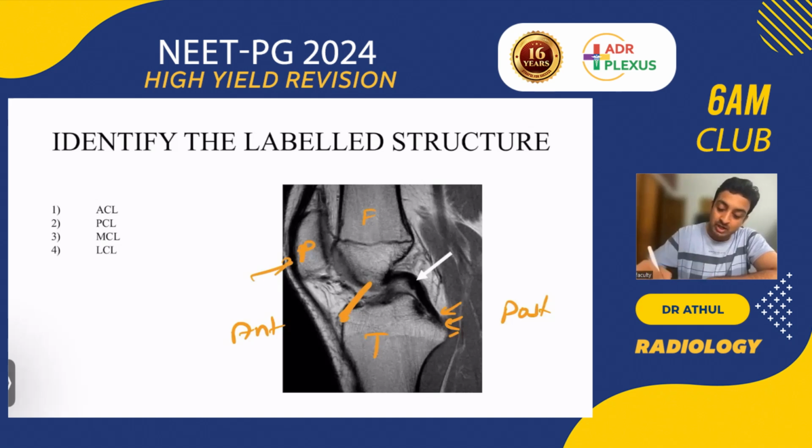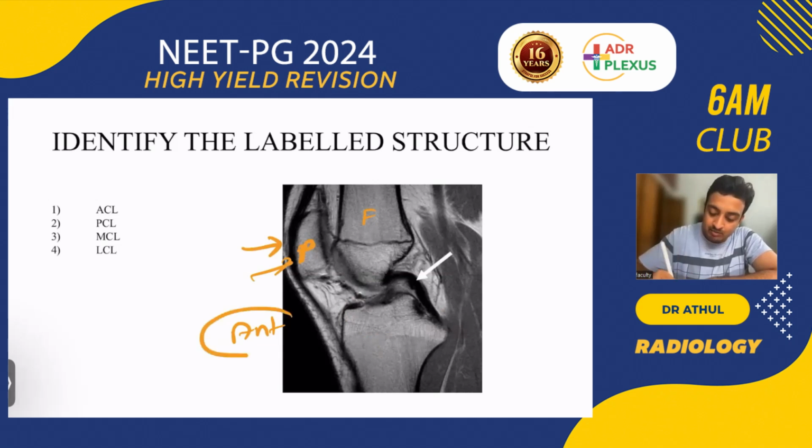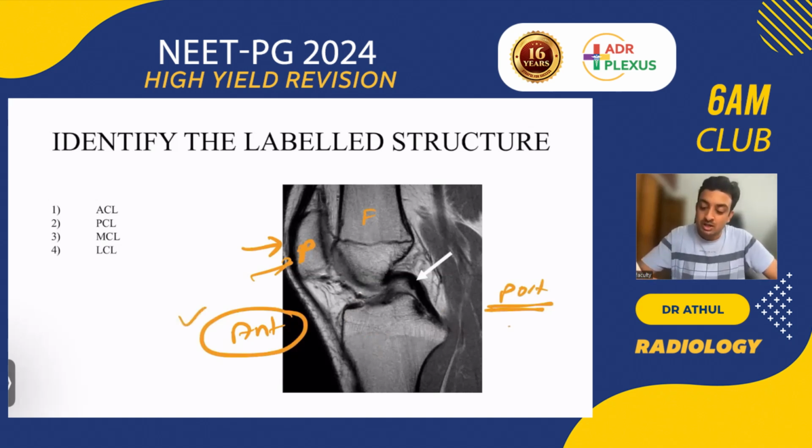Okay, so I will tell you again why, because some of you are making this mistake. See, this is the patella. There is no doubt this is patella, right? So if it is patella, this is the anterior portion and this is the posterior portion. So you are seeing a ligament that is attached to the posterior part of tibia.